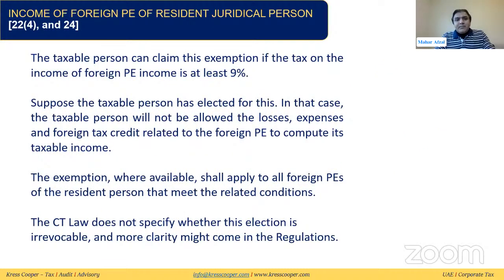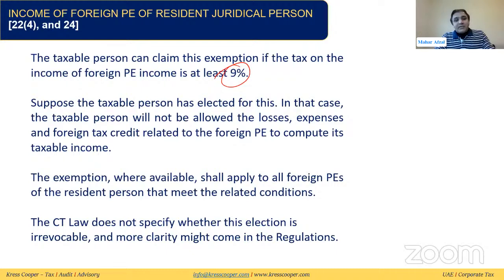The exemption applies if the tax on the foreign income is at least 9%. The foreign PE income and related expenses will not be considered, subject to the condition that the tax is at least 9% in that respective jurisdiction or country.